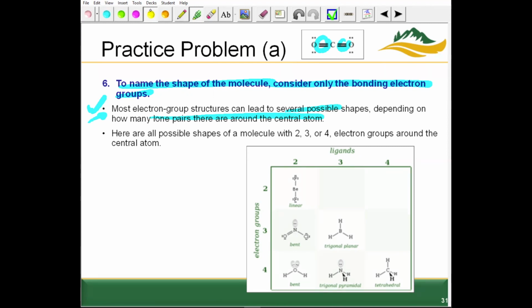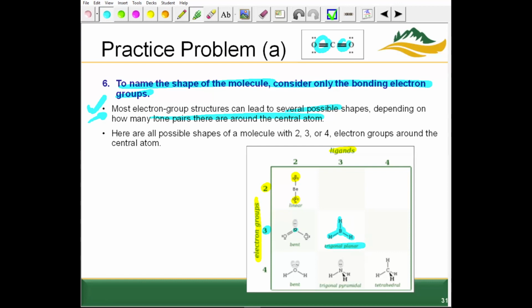To start familiarizing you with this, we can have electron groups. For instance, 2 electron groups, those are 2 atoms bonded to the central atom, or 2 ligands. For 3 electron groups bonded to the central atom, when we have the central atom with 3 bonds to that central atom, we know this is trigonal planar.